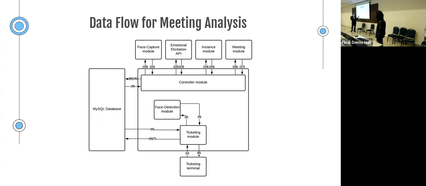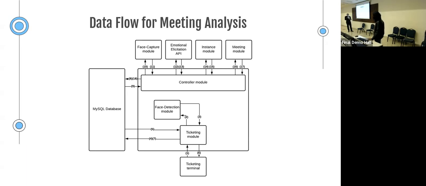If the customer was recognized, then the customer ID is returned to the ticketing module, which passes it on to our back end in order to know exactly how to route the customer, to see their previous meetings and instances, and know exactly how to route.